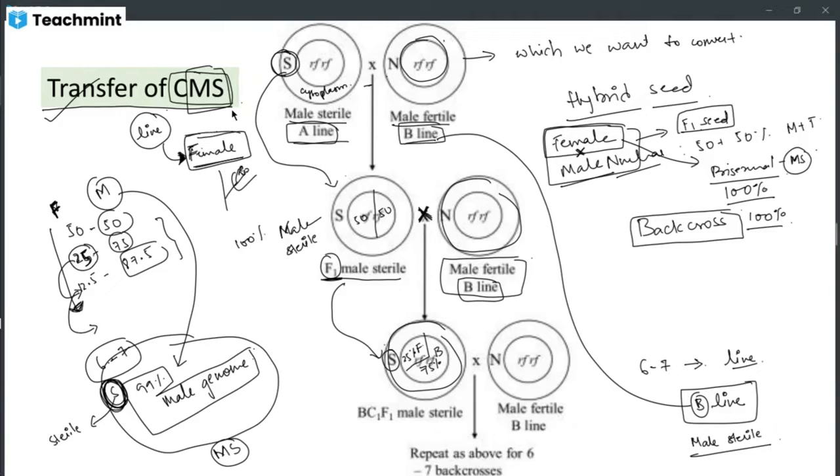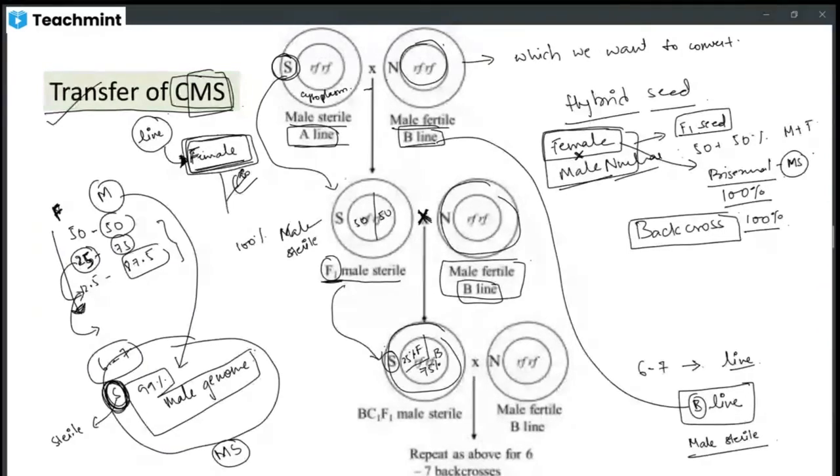Can you use this plant as your female in hybrid seed production? No, sir. Why can't you use it? Sir, it's self pollination. Yeah, there is a chance of self pollination and your hybrid seed gets contaminated.